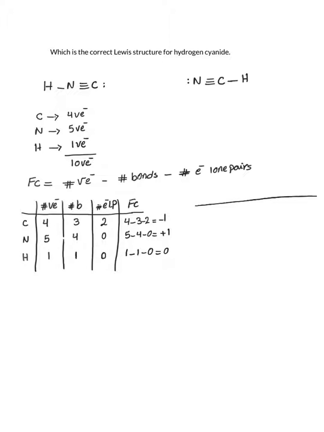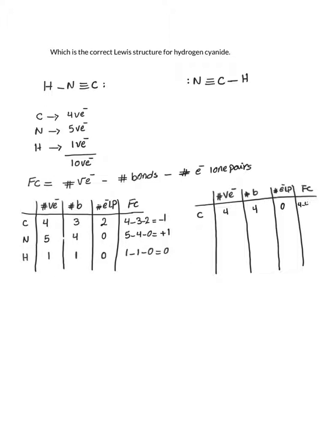Now, for the other molecule, we also need to calculate formal charges for all the atoms. So, number of valence electrons, number of bonds, number of electrons for lone pairs, and formal charge. Carbon, group 4. Here carbon has 1, 2, 3, 4 bonds and 0 electrons, 0 lone pairs.